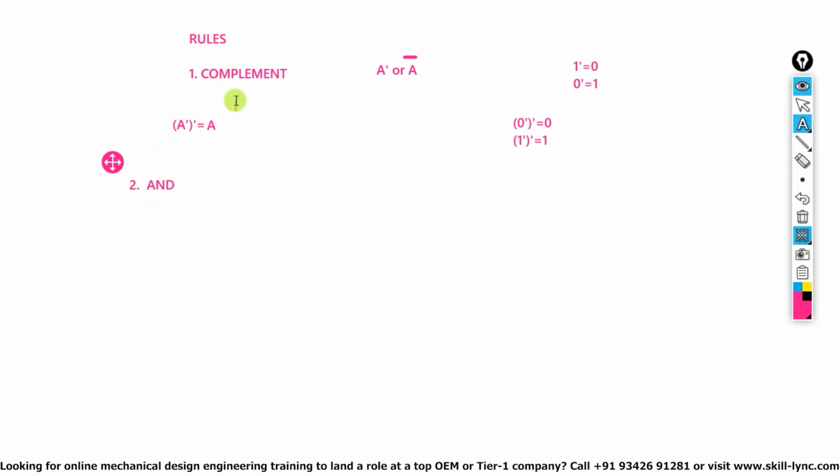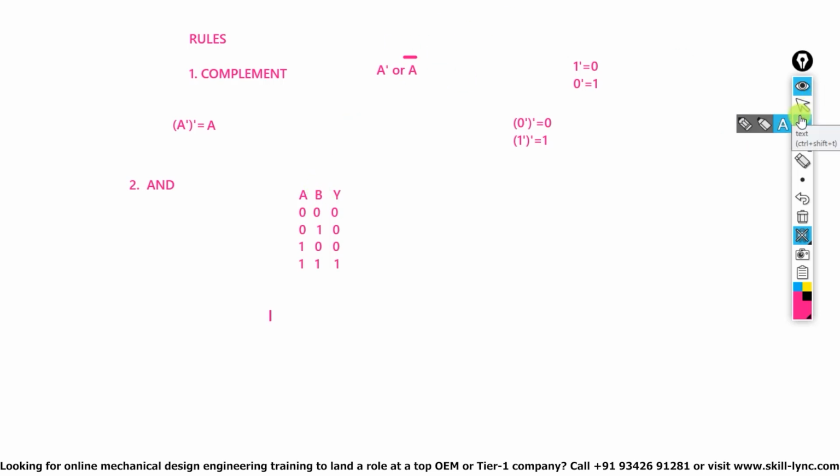This set of rules is associated with the AND gate. First of all, understand the AND truth table. 0, 0 is 0, 0, 1 is 0, 1, 0 is 0, 1, 1 is 1. Why are we taking 4 combinations? Because there are 2 input variables A and B, and you know that the number of possible combinations is 2 to the power n, 2 to the power 2 equals 4.